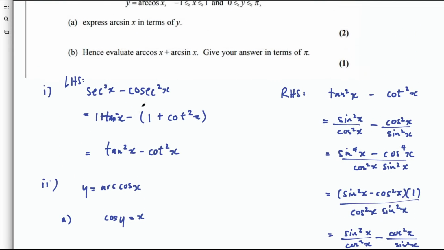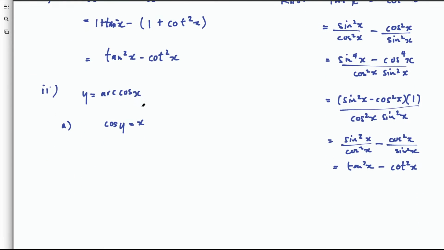Sorry, the question is arc sine x. Well, let me write it around the other way. So x equals cosine of y.